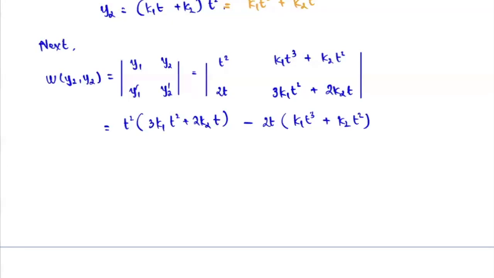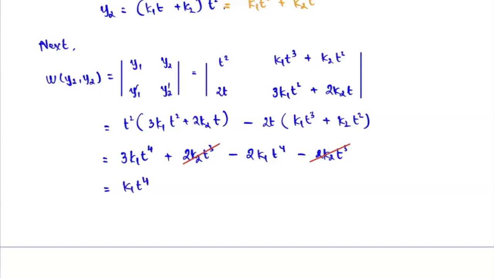Distribute and again combine like terms, see what you get. So this is 3k1t to the fourth plus 2k2 times t cubed minus 2k1t to the fourth minus 2k2t cubed. These two terms cancel out, and you're left with just k1 times t to the fourth.